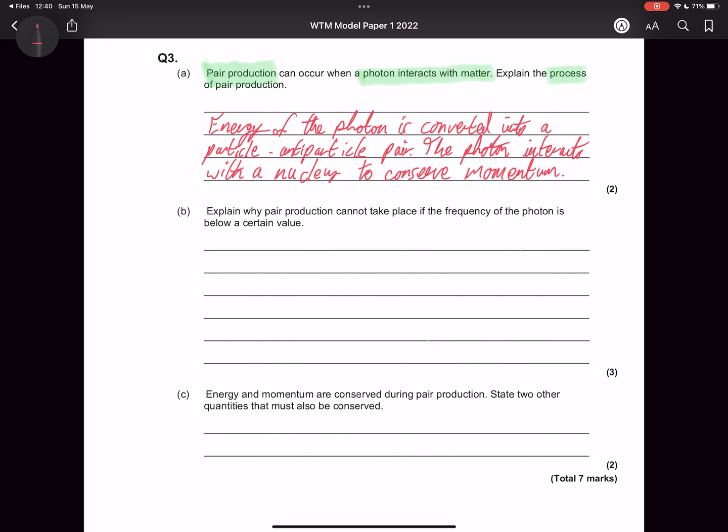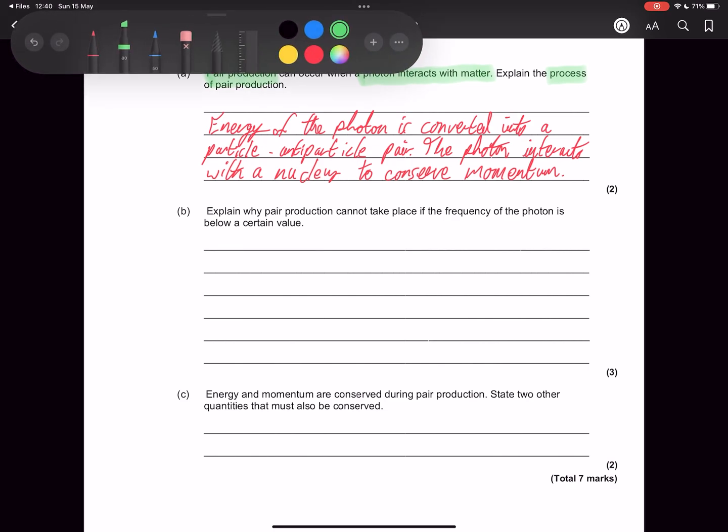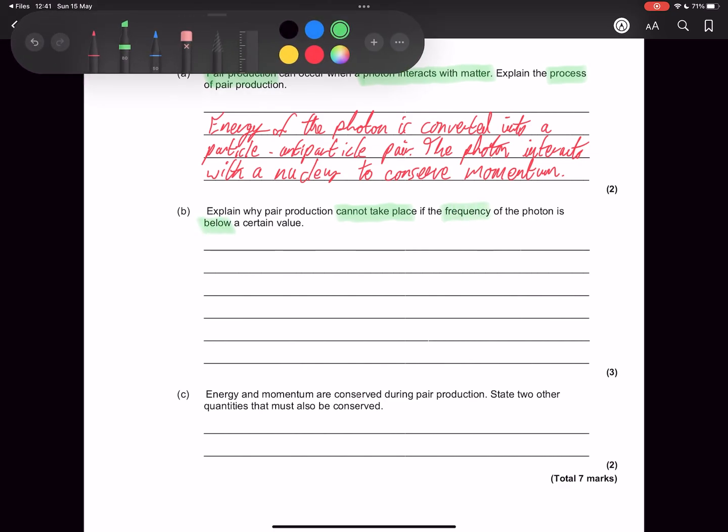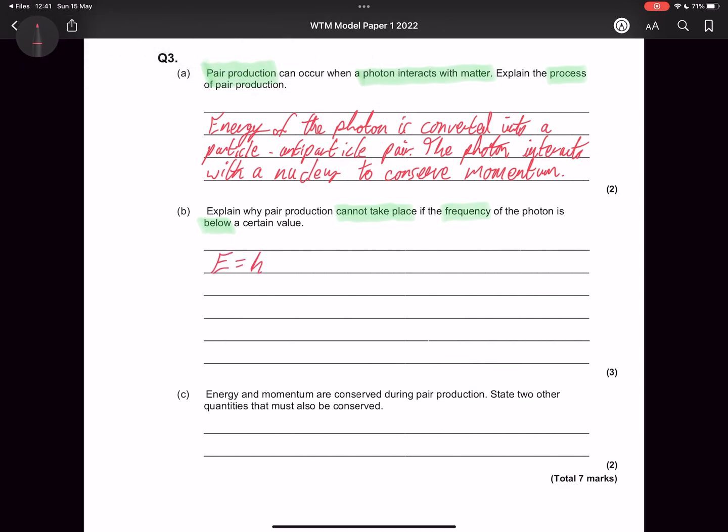And it's incredibly common that this occurs in these sort of questions anyway. But we need to reference the fact that something cannot happen if a value is too low. So let's redefine it in terms of energy to begin with. And all we have to do is say E equals hf to gain the first mark.